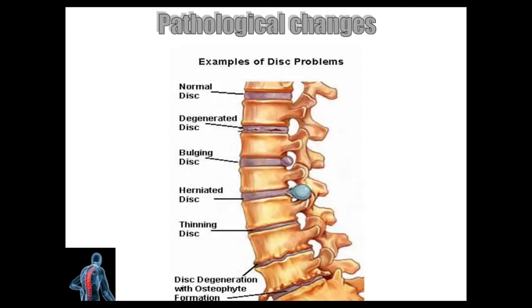Okay, so stages of degenerative disc disease. On that slide you can see different stages. The first one is the initial stage of disc degeneration. As you can see, during that stage we will have only narrowing of the space between the vertebral bodies.